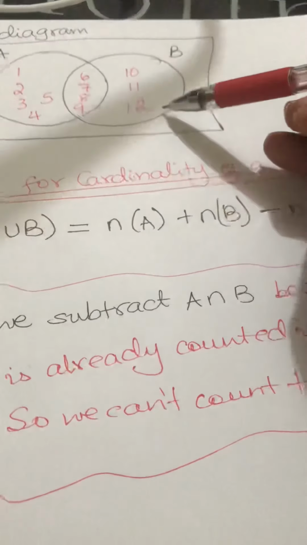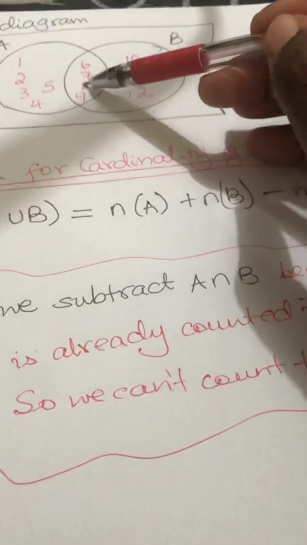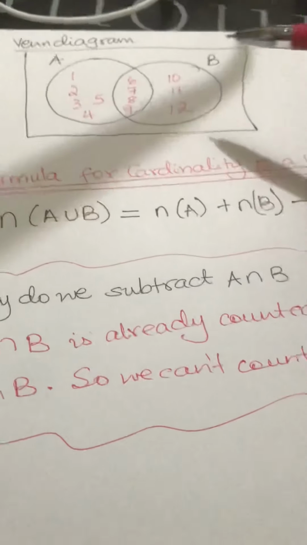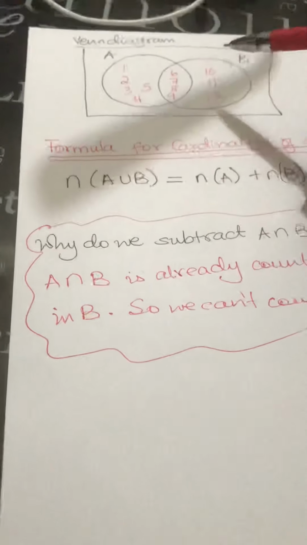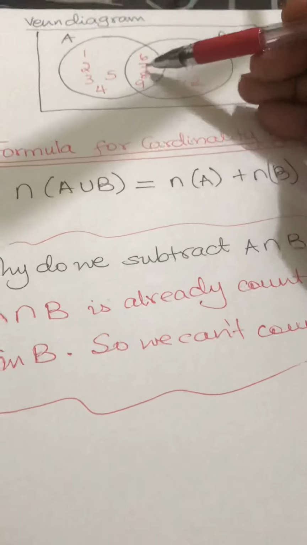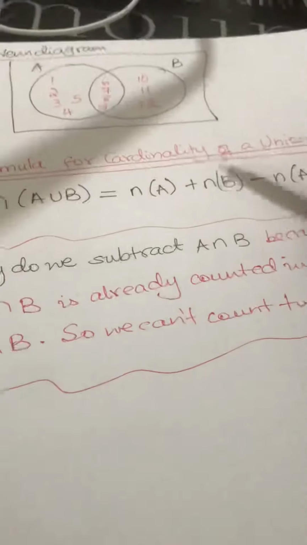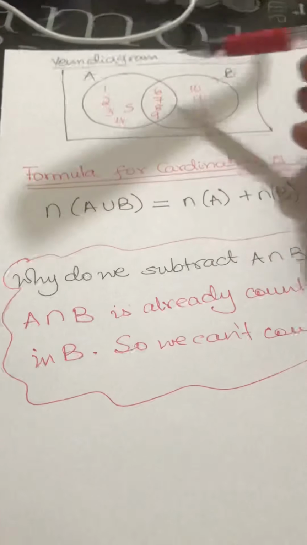Cardinality for B is the whole of B, which is 1, 2, 3, 4, 5, 6, 7. Cardinality for A intersection B, I count 1, 2, 3, 4. There you go. Cardinality for A union B is everything.